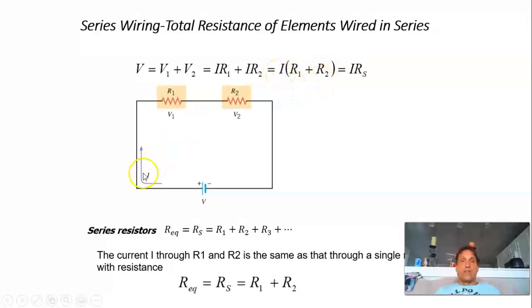That's why it's easiest to get the equivalent resistance: to get the current. This circuit is pretty simple, so there's no need to do it here. But once you get the current and you know the resistance of each one, you can get the voltage drops across each. Once we know the current and the voltage drops, we can get the powers, and then we're done. So it's often easier with complicated circuits to get the equivalent resistance. And for series, it's just the sum.